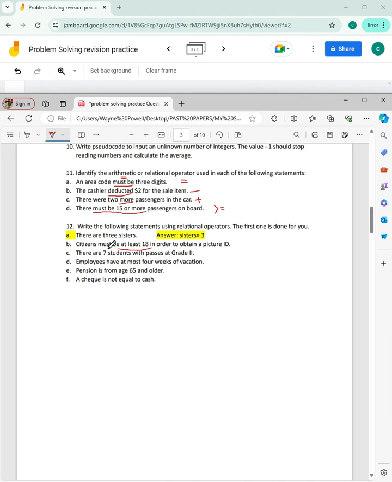When we talk about at least, we're saying the smallest number must be 18. So it would be greater than or equal to 18. We're talking about age, so the variable would be age.